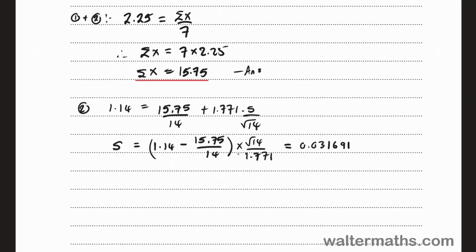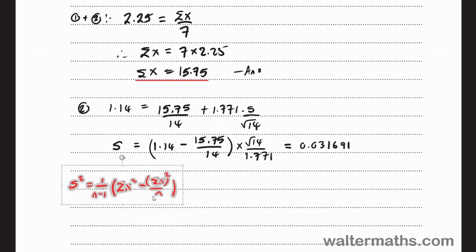And we know that s squared is actually 1 over n minus 1 of the sum of squares minus the sum of x squared over n, right? So that's what we're going to use right here.